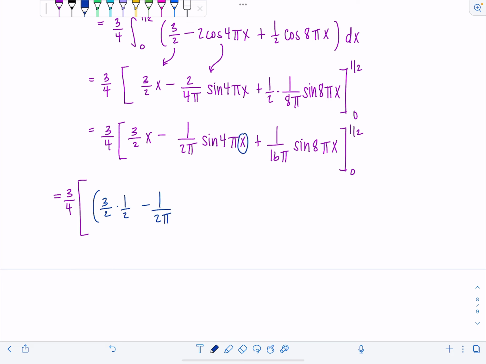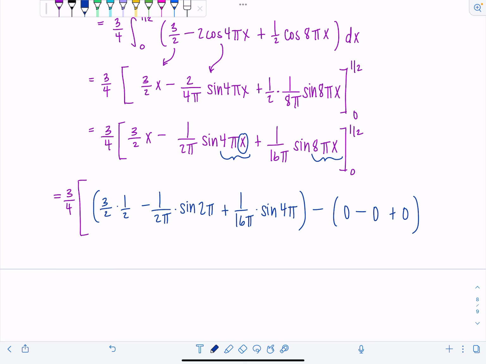If I'm plugging in 1/2 for x, that's going to be sine of 4 pi times 1/2, so sine of 2 pi, plus 1 over 16 pi times sine of 8 pi times 1/2 is 4 pi. That's the upper limit. Minus lower limit, we're just going to have 3/2 times 0 minus, this is going to end up being sine of 0, which you should know is 0, plus this is also sine of 0, 0.